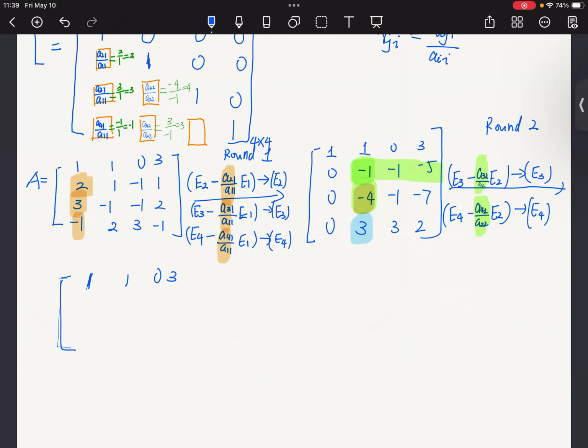And then I got this matrix: 0, -1, -1, -5, 0, 0, 3, 13, 0, 0, 0, -13. And obviously, we get to the desired matrix because this is the diagonal, and all the things below the diagonal are 0. So what should we do here for this part? We don't need to do anything.